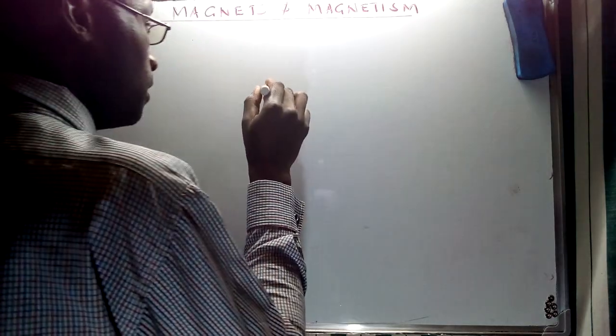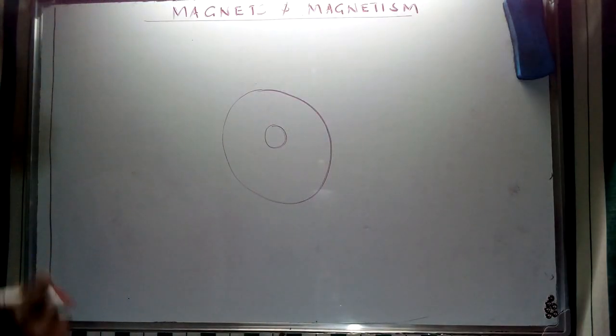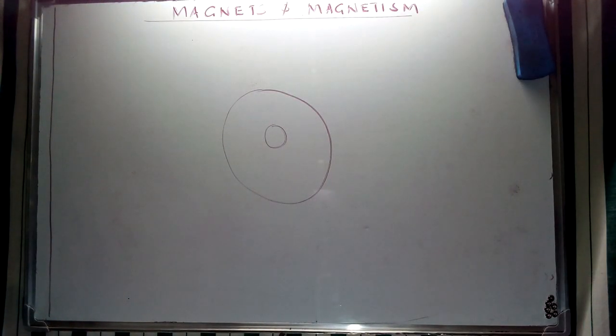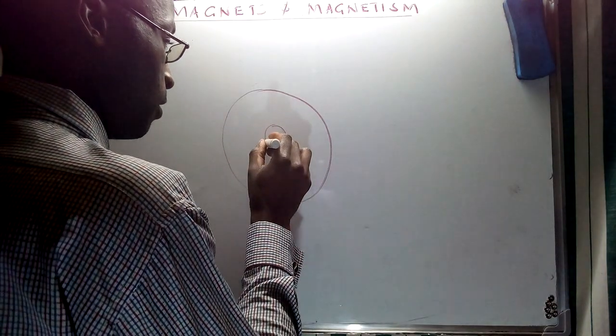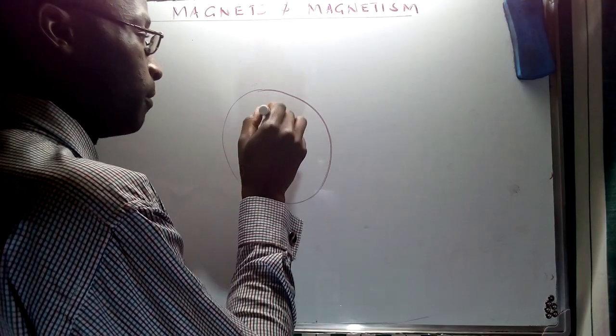So if we try to have this figurative illustration of Rutherford's demonstration on the structure of an atom, or the present understanding of an atom, then we're going to see that in the middle here we have the nucleus.